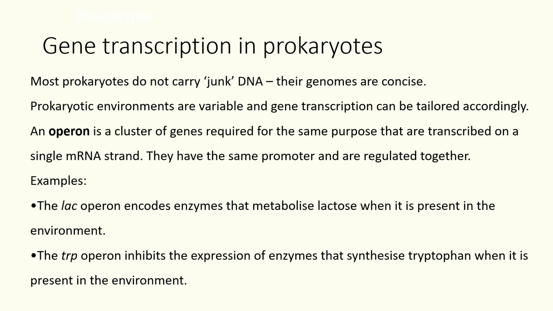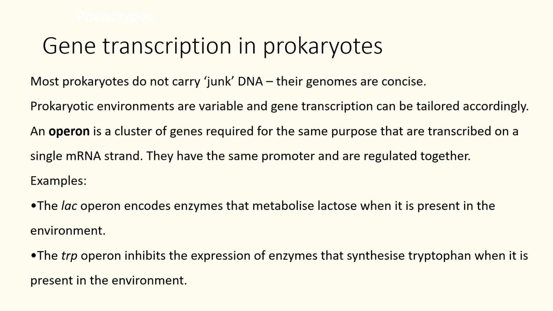The two main studied examples of operons are the lac operon, which encodes for the enzyme to metabolize lactose when it's present. So by lactose being present in the environment of this bacteria, say you dump some E. coli into a nice big cup of milk, then it can switch on the genes that are able to produce the enzyme lactase, or different types of enzymes that break down lactose.